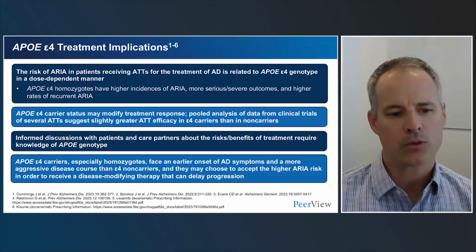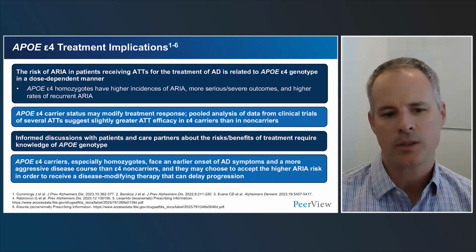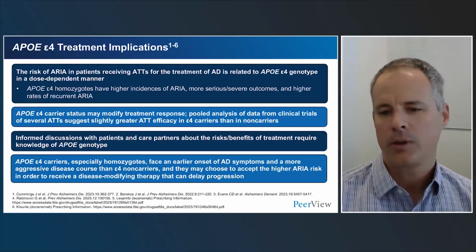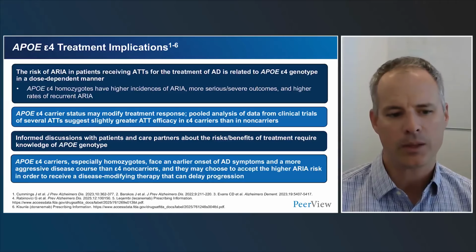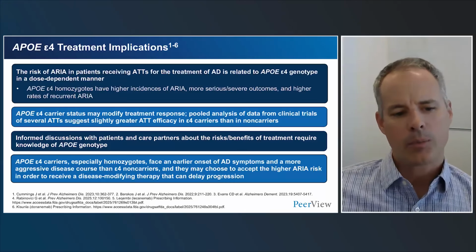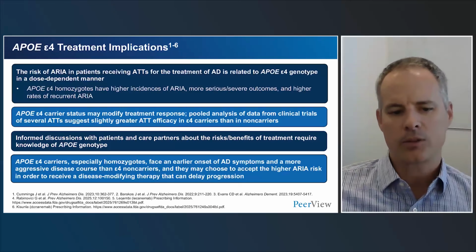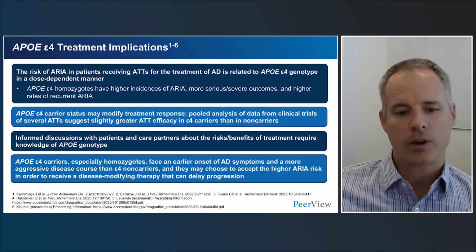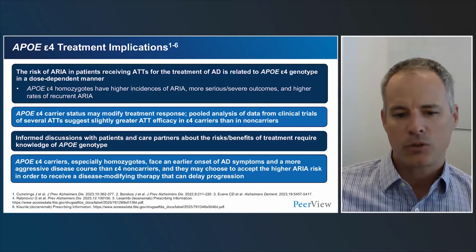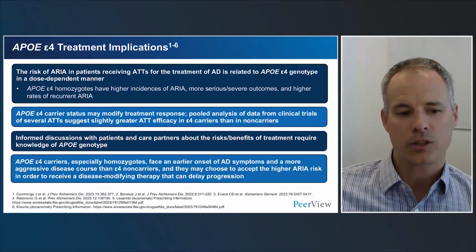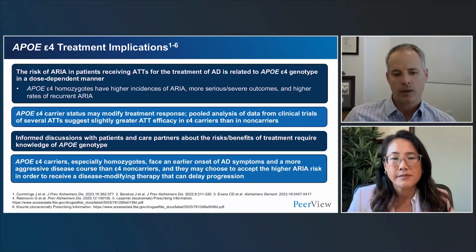And so we really need to have an informed discussion with patients and their care partners about how to do APOE genotype testing and what it means. In general, APOE4 carriers, especially homozygotes, have a higher risk of ARIA. They may choose to accept that higher risk, and that's a discussion that requires a careful hand.